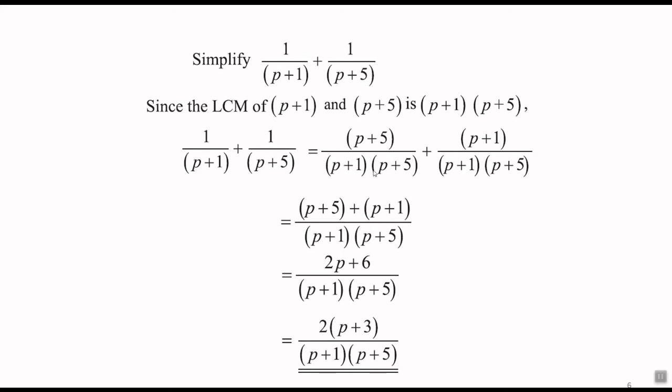Now you can see the common denominator (p + 1)(p + 5). Now we can take it into one line and simplify the numerator: 2p + 6 divided by (p + 1)(p + 5).